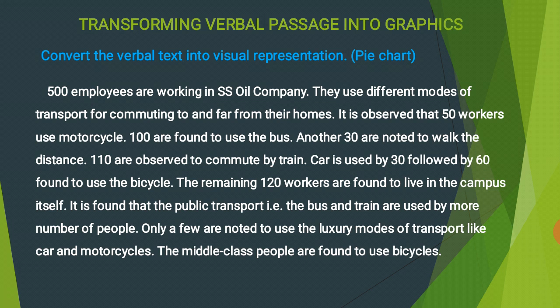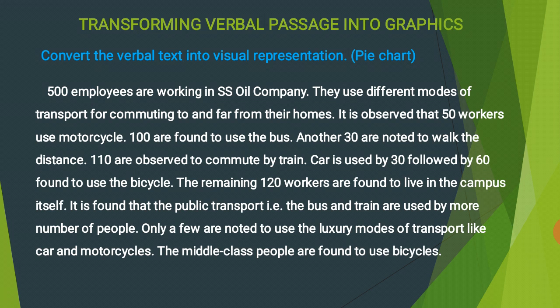It is observed that 50 workers use motorcycle, 100 are found to use the bus. Another 30 are noted to walk the distance. 110 are observed to commute by train. Car is used by 30, followed by 60 found to use the bicycle. The remaining 120 workers are found to live in the campus itself.